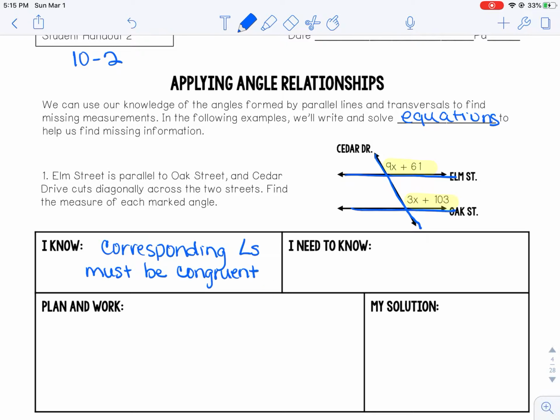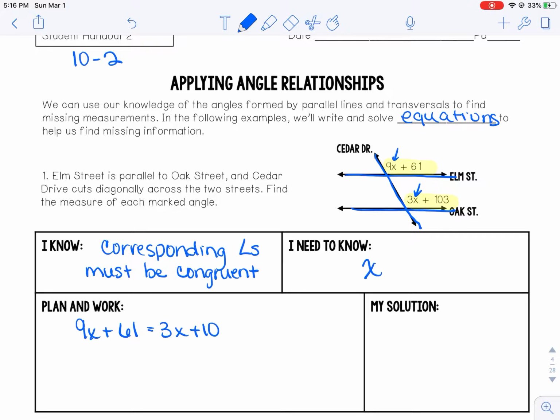Okay, so we're going to set those expressions equal to each other. In order to find out what those angles are, we need to find out what x is so we can plug it in and figure out what those angle measurements are. Like I said earlier, corresponding angles must be congruent, so we're going to set those two expressions equal to each other.